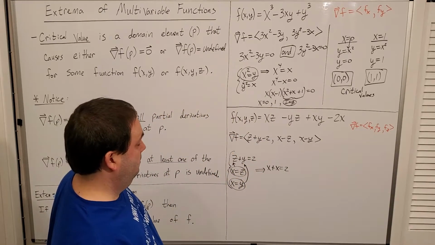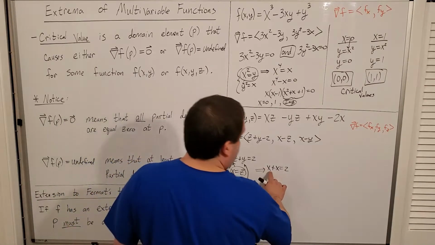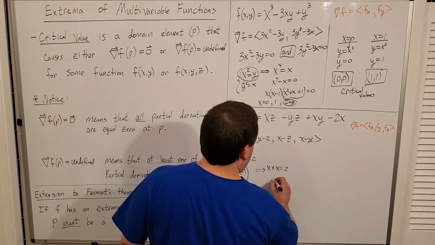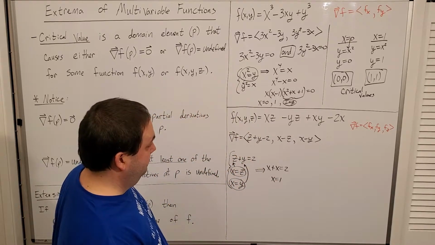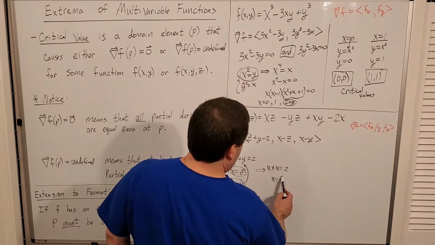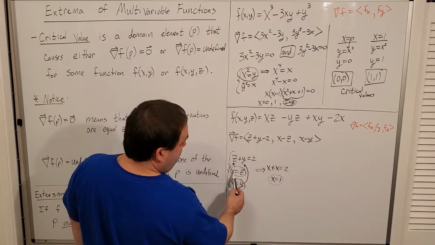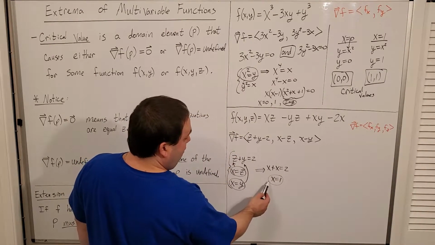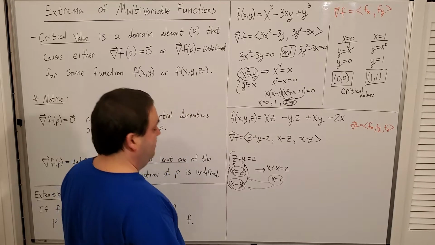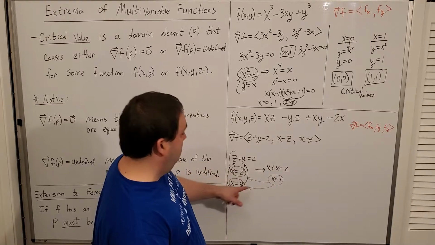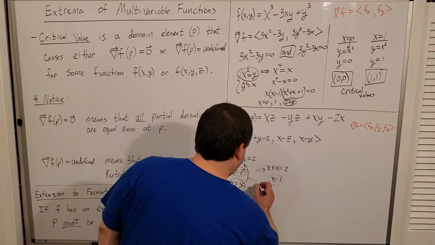But that's just going to give me 2x equals 2, or in other words, x equals 1. But also, x was equal to z and x was equal to y. So if I come back over and plug this into both of those, I'm getting z equals 1 and y equals 1.